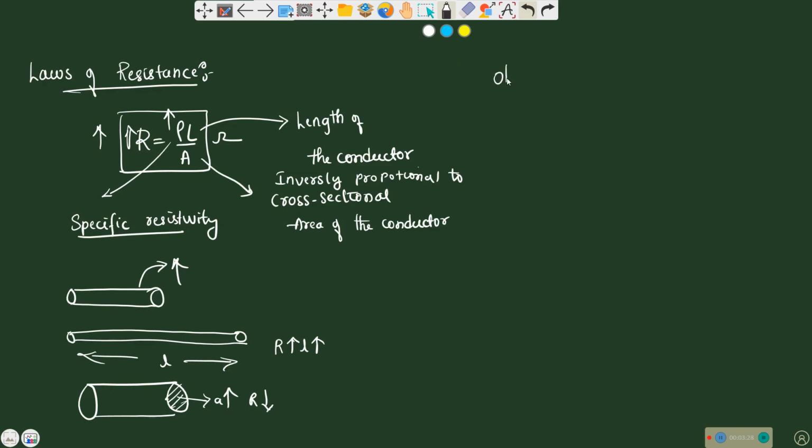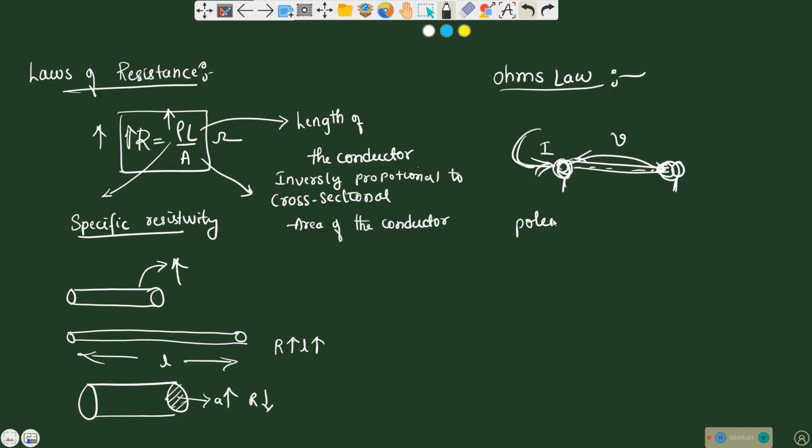Now, what does Ohm's law state? Ohm's law states that the potential difference between any two ends of the conductor is directly proportional to the amount of current flowing through it.